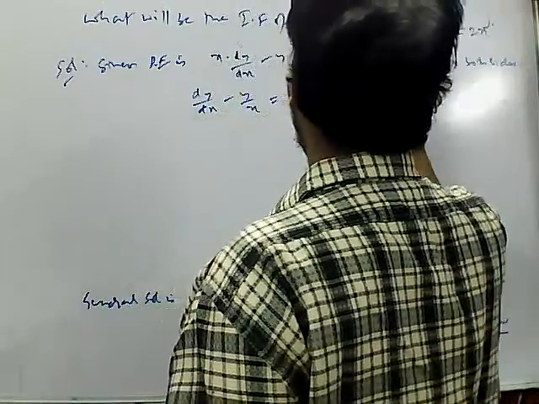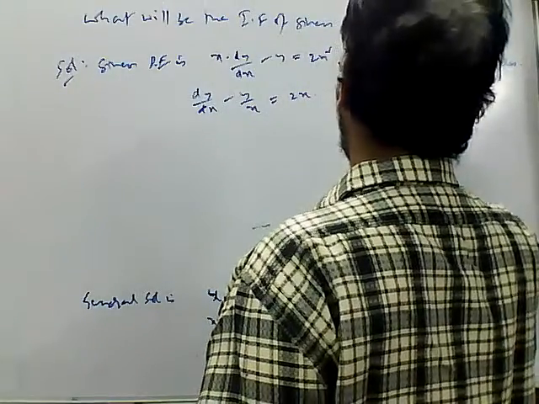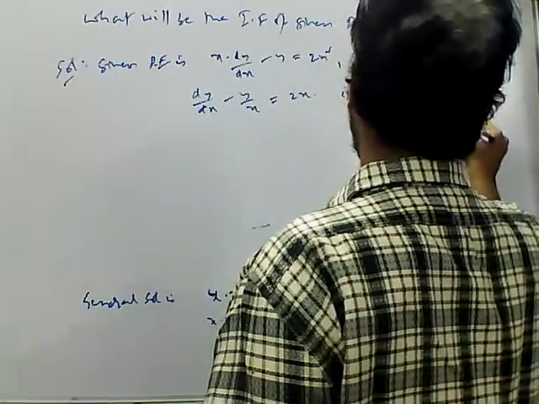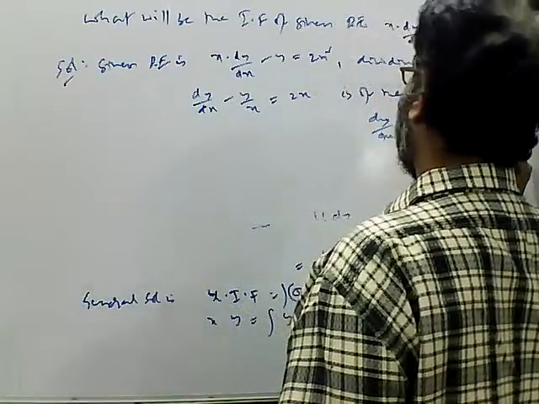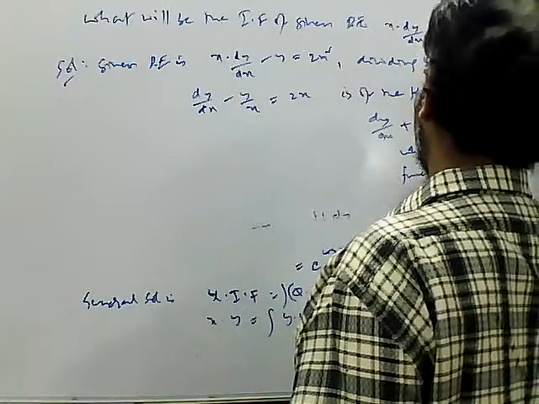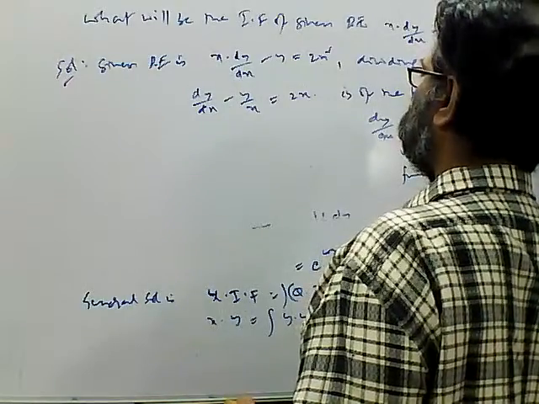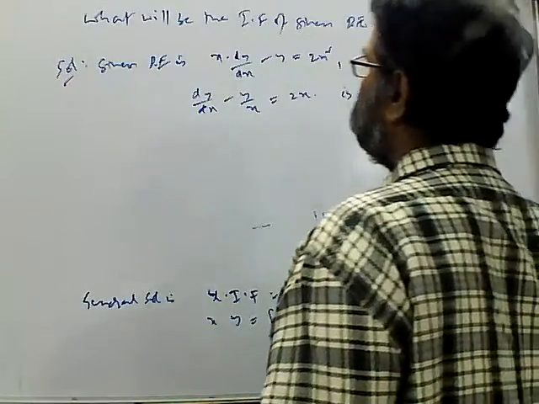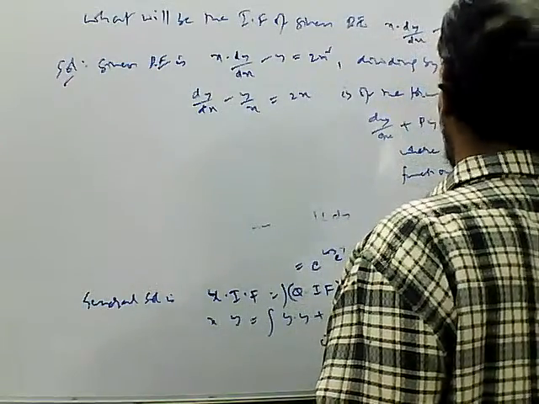This is of the form dy by dx plus py is equal to q, where p and q are functions of x. p is equal to minus 1 by x, q is equal to x.